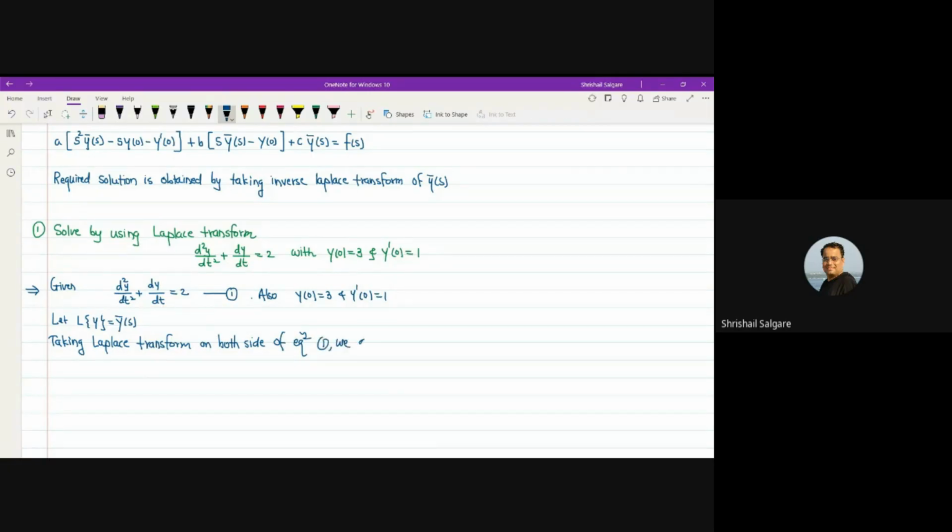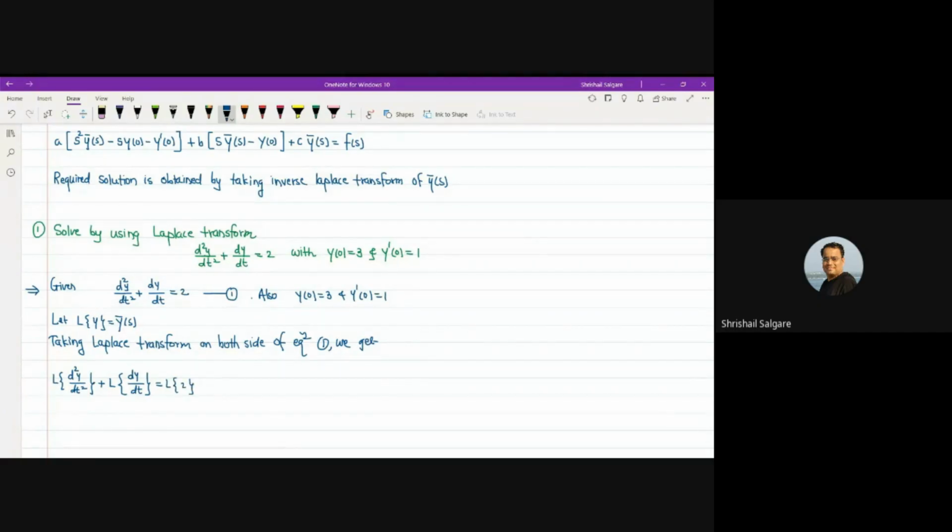Then what will we get? First step I will write as it is. Okay. So by linearity property, this is Laplace transform of d2y by dt square plus Laplace transform of dy by dt equal to Laplace transform of 2.